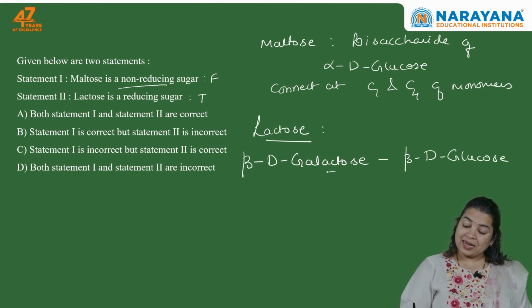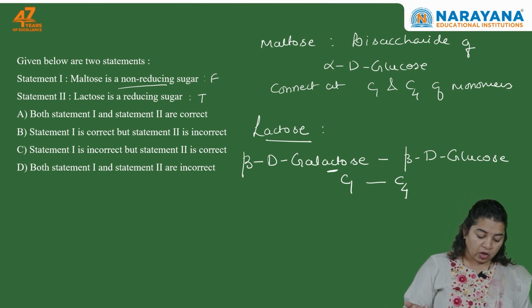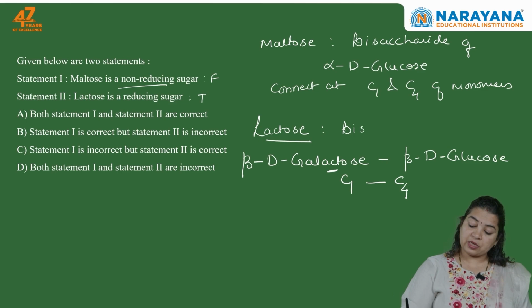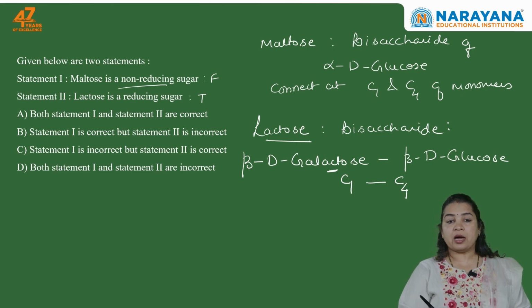The glycosidic linkage used is of galactose, so C1 of galactose bonds to C4 of glucose. C1 of glucose is left free for the reduction behavior in all those reactions, and thus it behaves as reducing in nature, and certainly it is also a disaccharide.